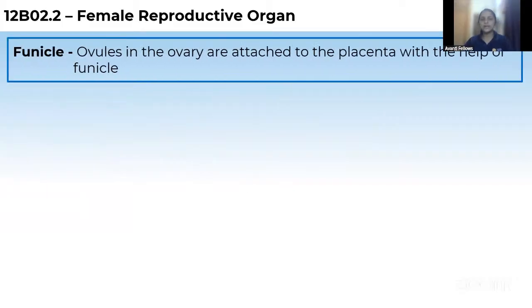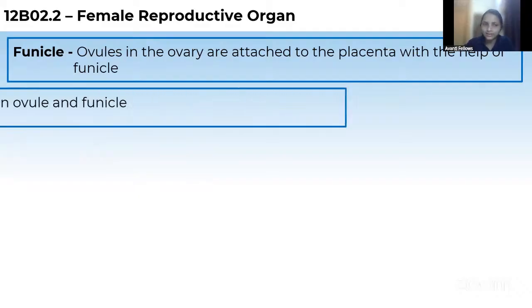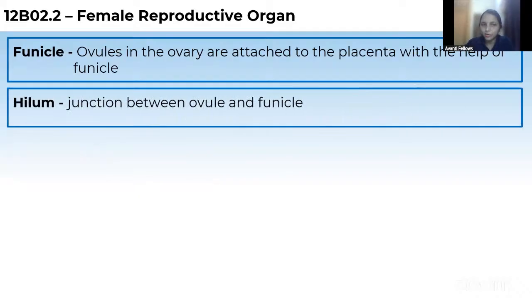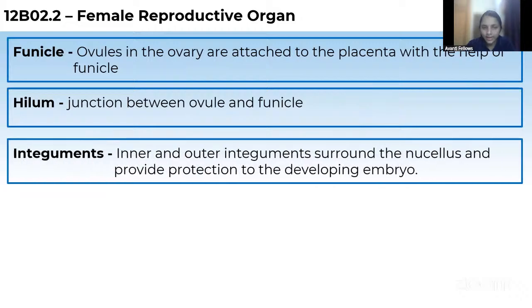Okay, so let us study here, guys. See here. Funicle, we know that the ovule in the ovary is attached to the placenta with the help of the funicle. We studied that. Please make a note of all these things. Hilum is the junction between the ovule and funicle. Then what is the integument? The inner and outer integuments that surround the nucellus. Remember guys, here the nucellus is the nourishment tissue.